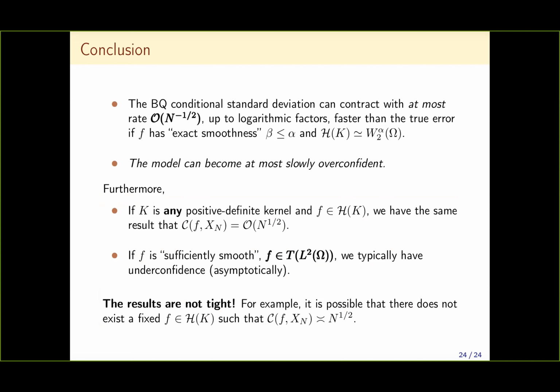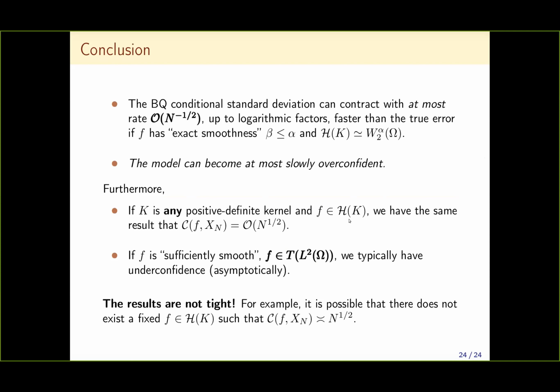And of course, in this paper we do have other results. For example, if K is any positive definite kernel, not just the Sobolev kernel, and if our function happens to be in the RKHS, then we have the same result that this standard score is of order at most n^(1/2).